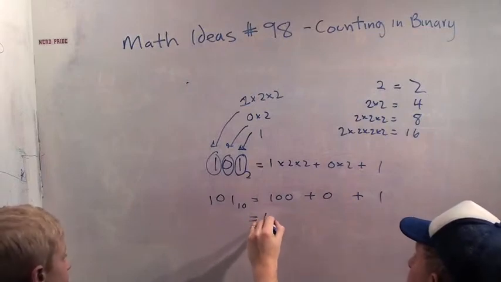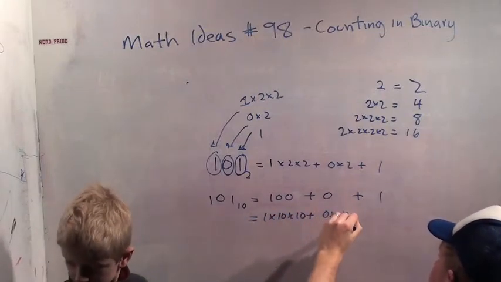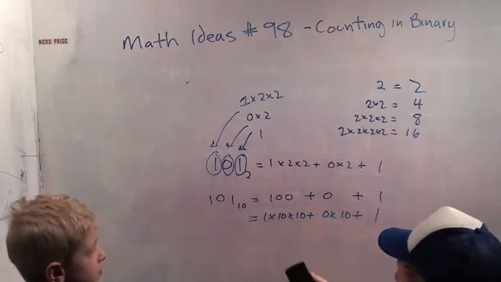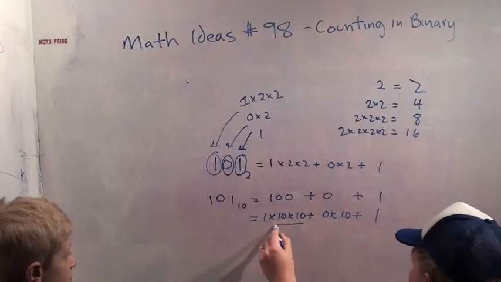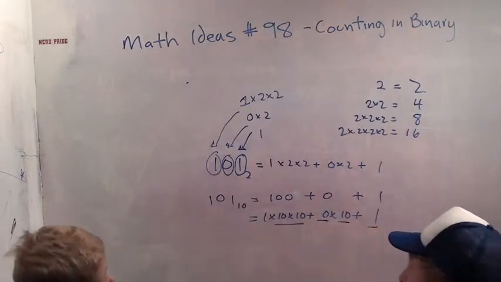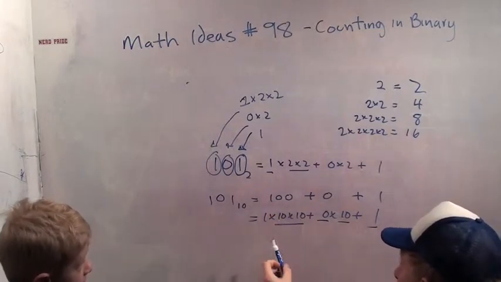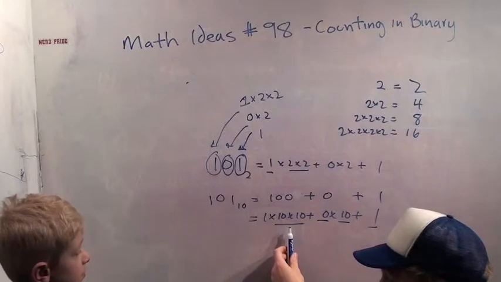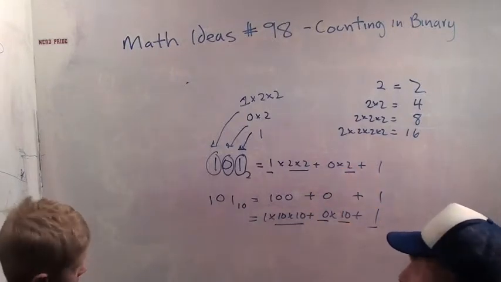In other words, 1 times 10 times 10 plus 0 times 10 plus 1, or 1 times 100 plus 0 times 10 plus 1. But in binary, in base 2, we just say it's 1 times 2 times 2 instead of 10 times 10, plus 0 times 2 instead of 10, and then the 1 stays the same.